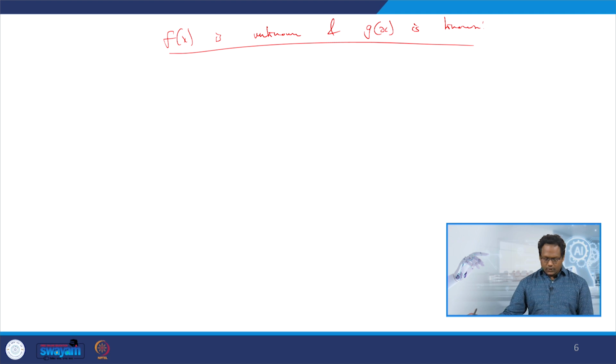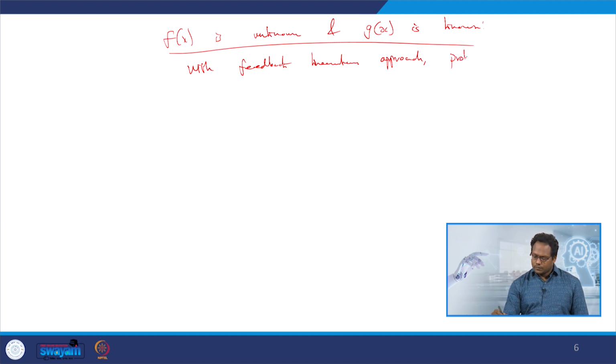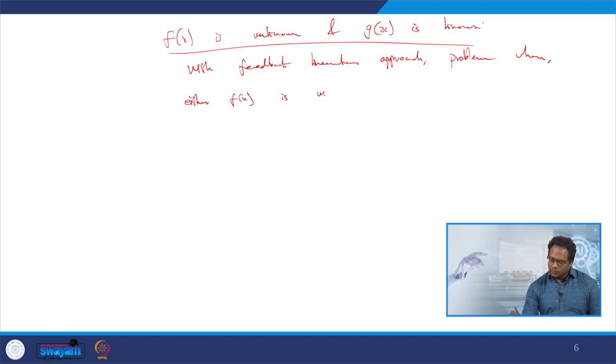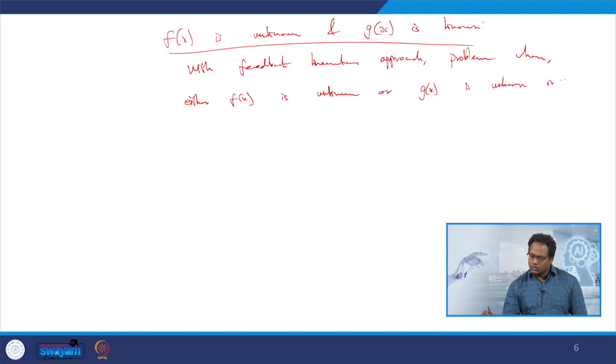There is a problem associated with the feedback linearization approach or technique when either the nonlinear function f of x is unknown, or g of x is unknown, or both g of x and f of x are unknown.